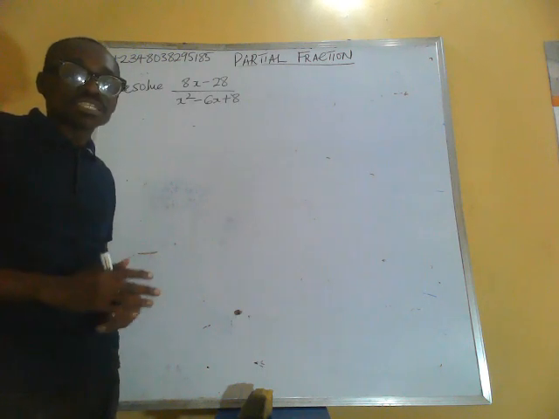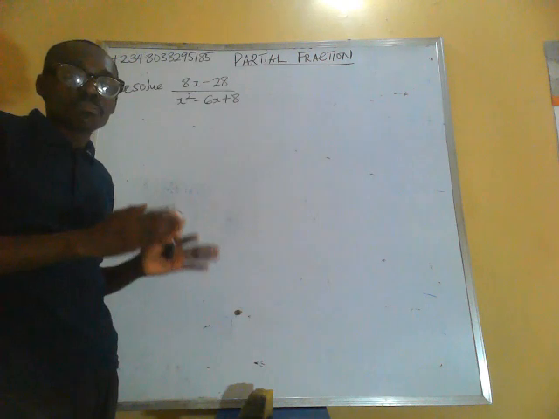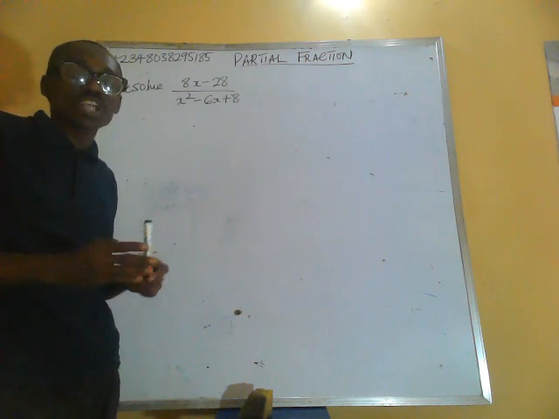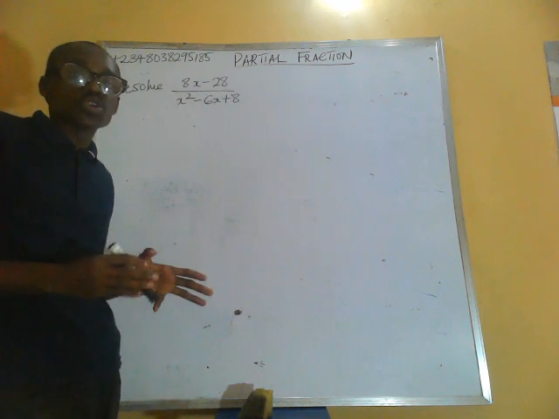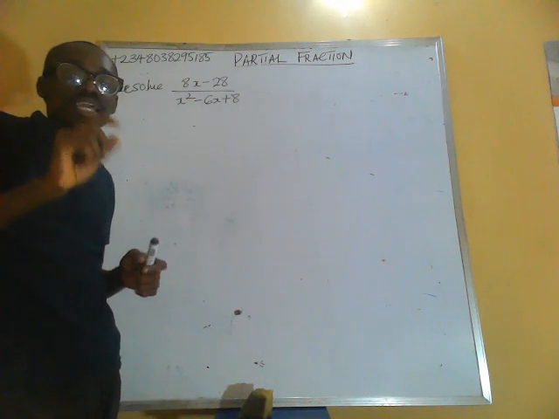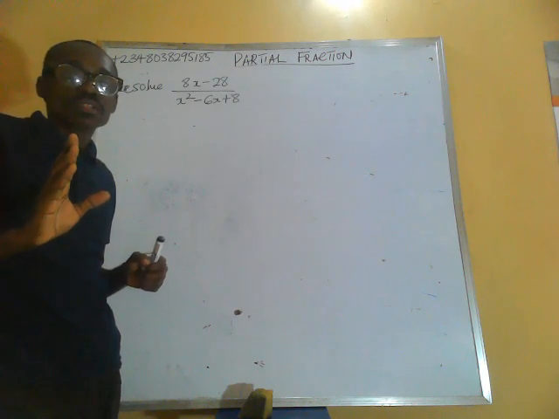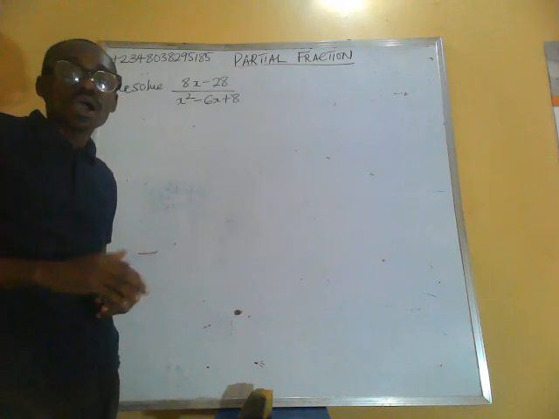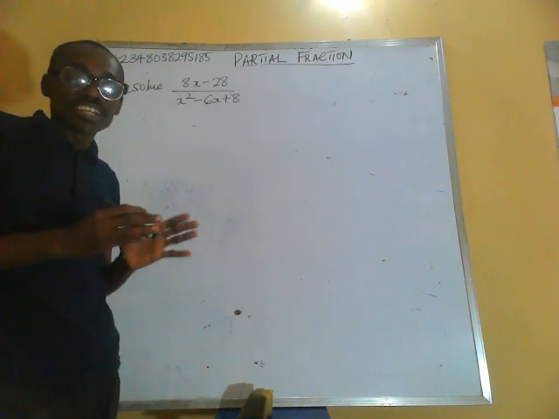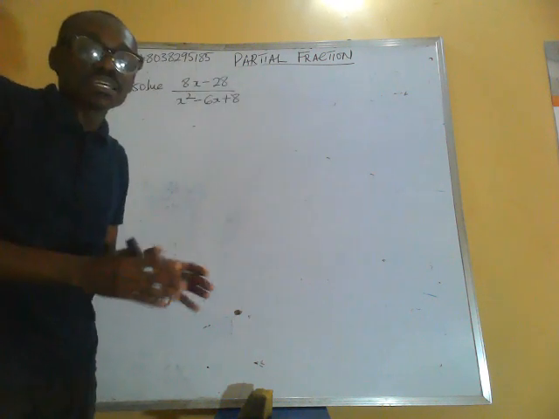So we're going to meet in the next class where I'm going to do it and check up with my own solution whether you're actually correct. And also I'm going to show you a new method of how you're going to get those constants a and b. Okay, so we are going to meet in the next class. And let me tell you, don't think this is the end of partial fractions. There are rules.